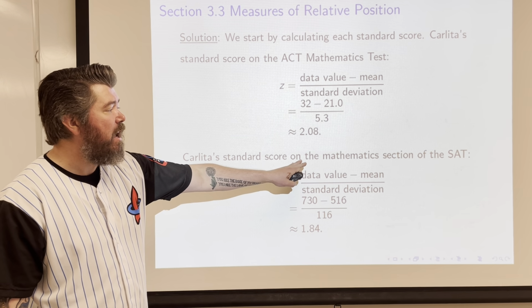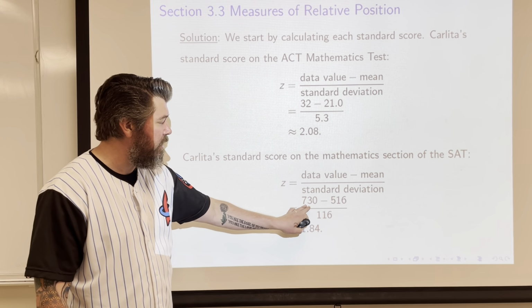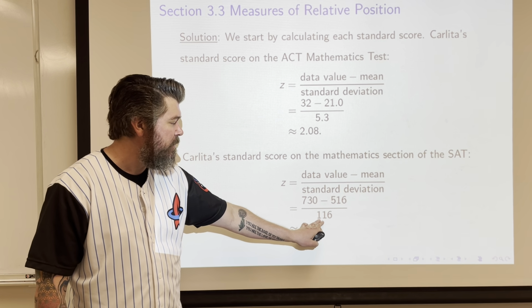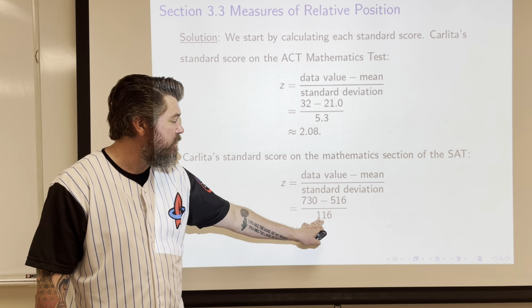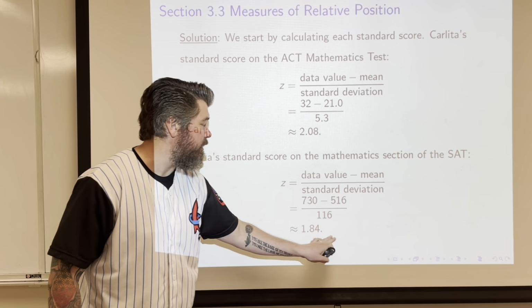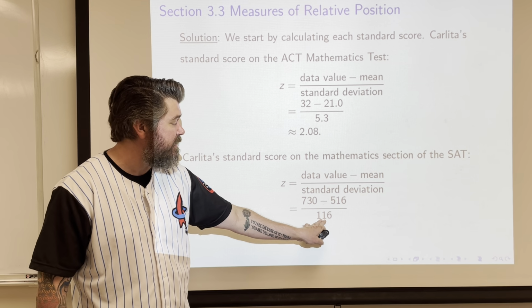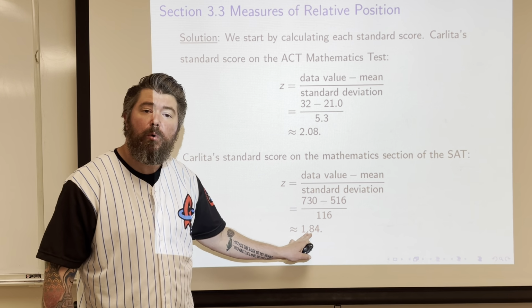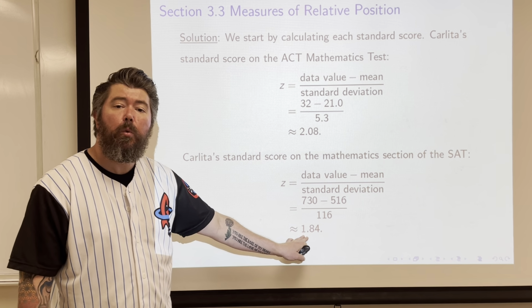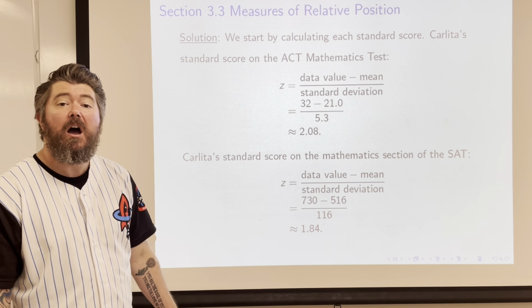For her math section of the SAT, I take her data value, 730, minus the mean, 516, divided by the standard deviation of the math section of the SAT, which was given as 116, and I get 1.84. So this tells us for this test, she scored 1.84 standard deviations above the mean.